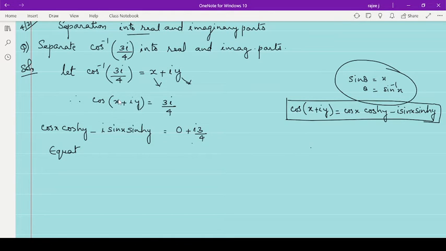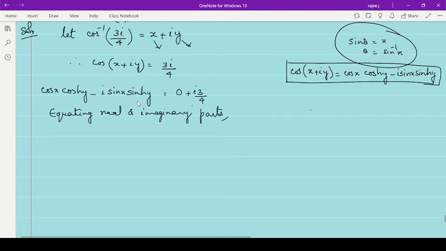So now, equating the real and imaginary parts here: cos x cos hy is equal to the real part, which is 0.